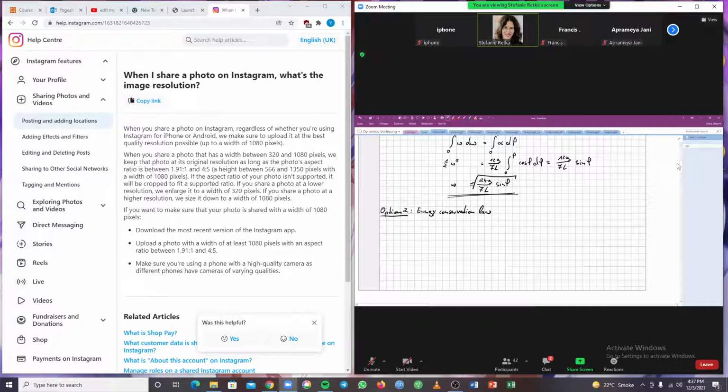Energy conservation law. In general, we have E0 plus work added is equal to E1 plus work extracted plus work performed due to friction. In our system, there's no work added, there's no work extracted, and we can neglect friction.